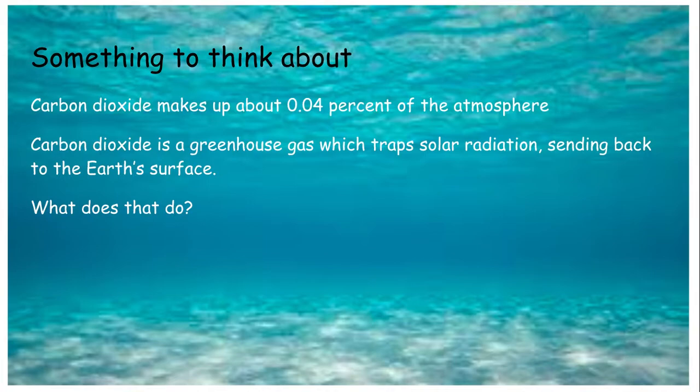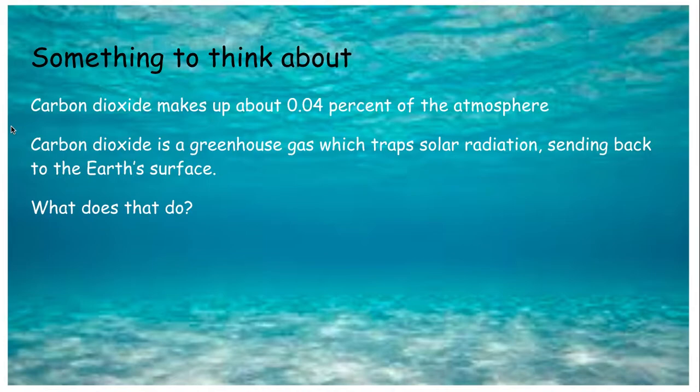We've mentioned this in the past, and it's very important for you as an earth and environmental student to know the characteristics of carbon dioxide. It's a very small percentage of our atmosphere, only about 0.04%, but it's a very important gas, partly because it is a greenhouse gas.